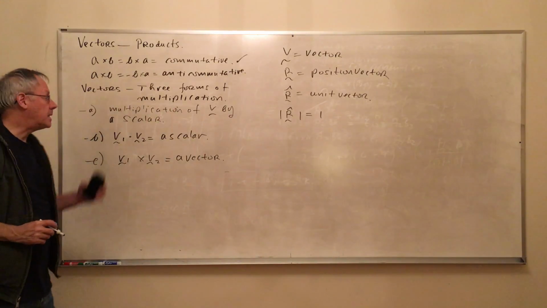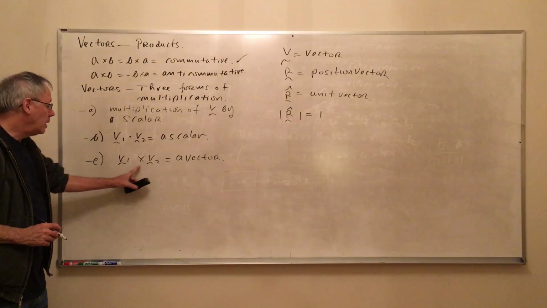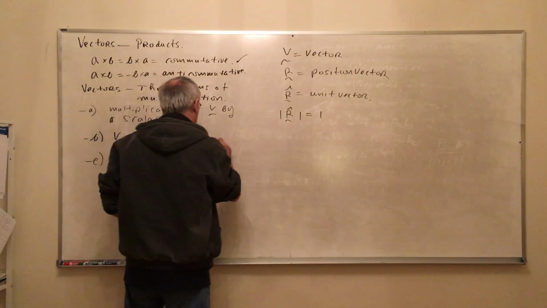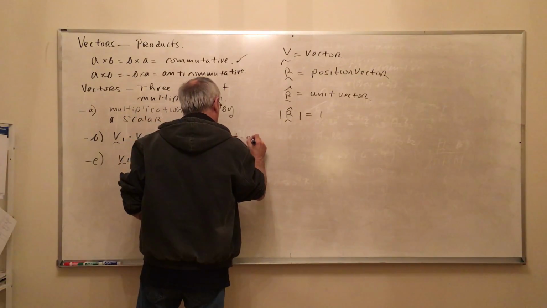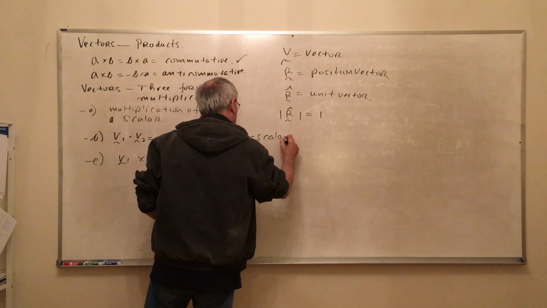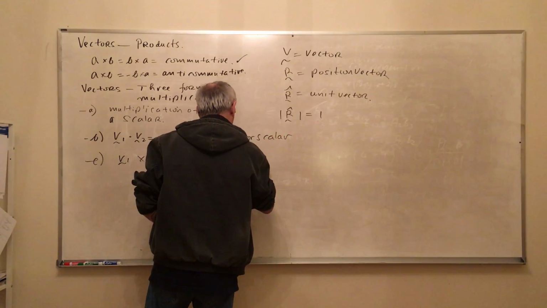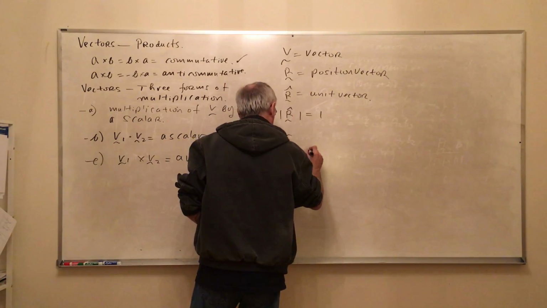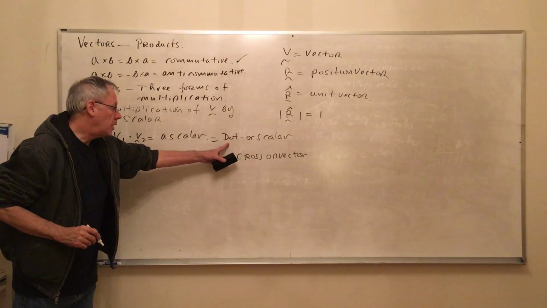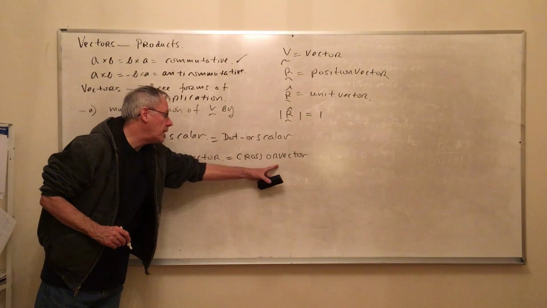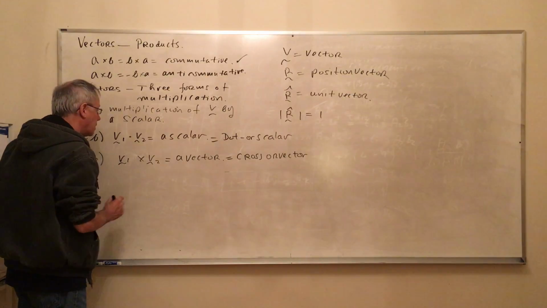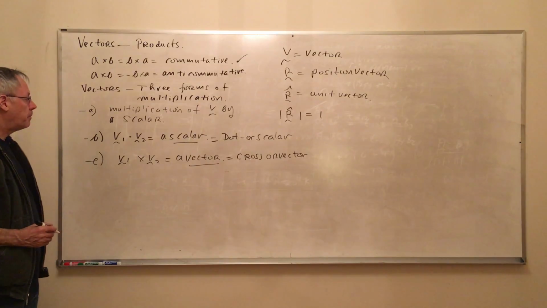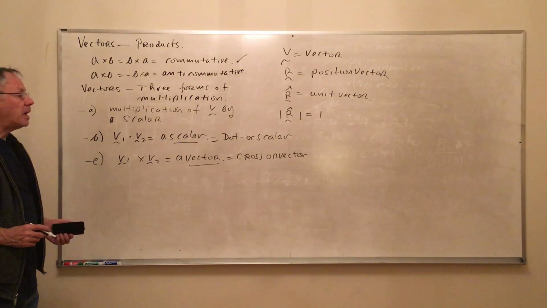Third thing you can do, and that's all you can do, is to take one vector, multiply it in a way by another to get another vector, not a scalar. And this is called the dot, or scalar product, and the cross, or vector product, because of the dot and because of the cross, because of getting a scalar or because of getting a vector. Very clear, very simple.